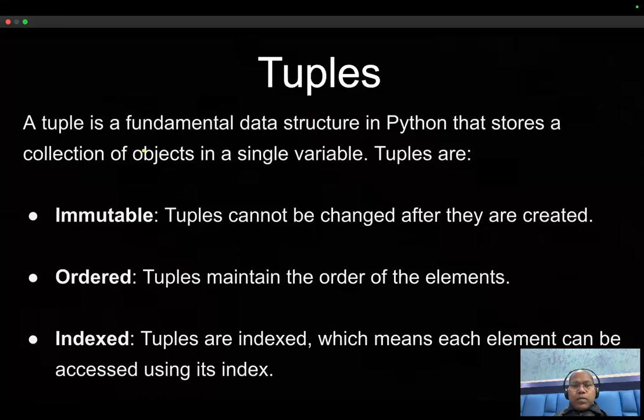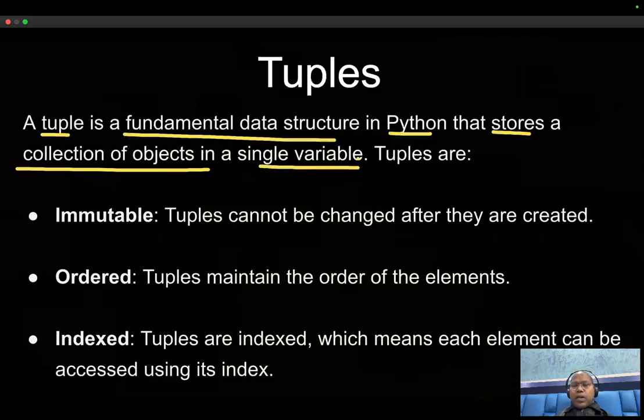The tuple is a fundamental data structure in Python that stores collections of objects in a single variable. That means we have multiple elements or a group of values.